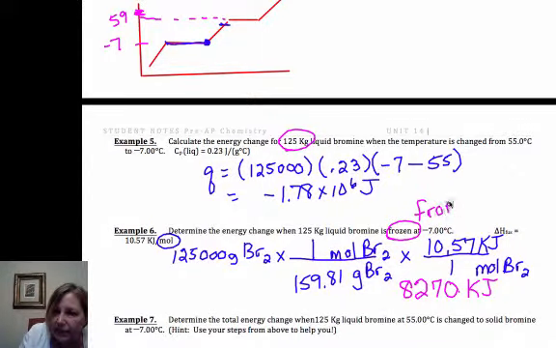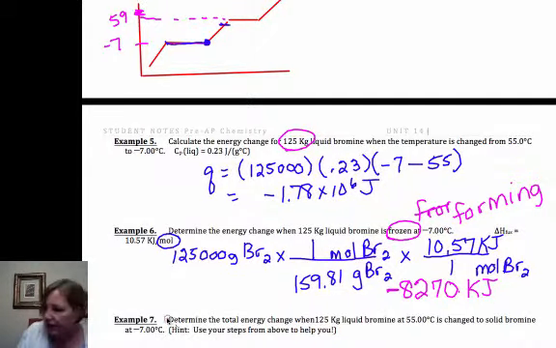It takes energy to break forces of attraction, bonds or intermolecular forces, and it freezes to form. So you can put a negative there because we're forming intermolecular forces of attraction, okay? And then that's going to release heat.